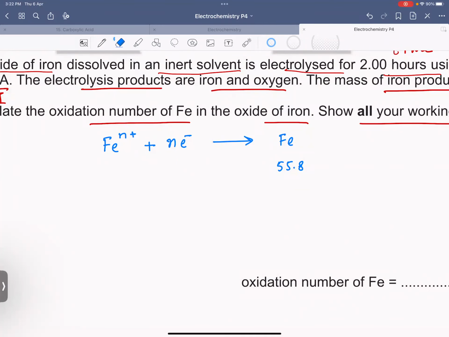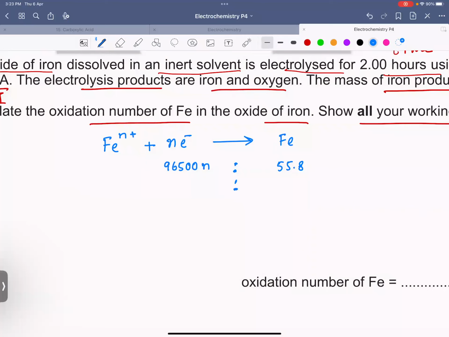And for this 55.8, we need the charge of 1 mole of electron, which is 96500. So I can say that it can be 96500 times n, and if I am able to find the value of this n, it will tell me the charge, and it would be actually the oxidation number of the iron metal.